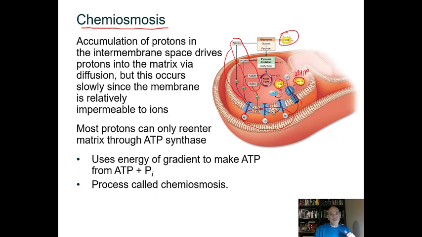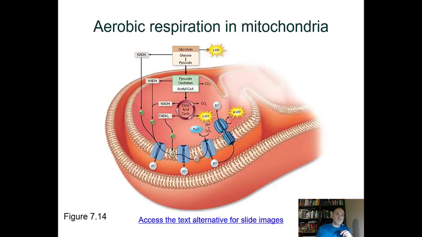When they're allowed to go back through the ATP synthase, that's where we generate the ATP. So know that term, chemiosmosis. It's connected to the electron transport. So now we've come up to a total of 28 plus 2, 30, and 32 ATPs for one glucose molecule.